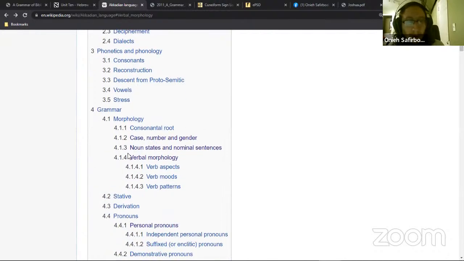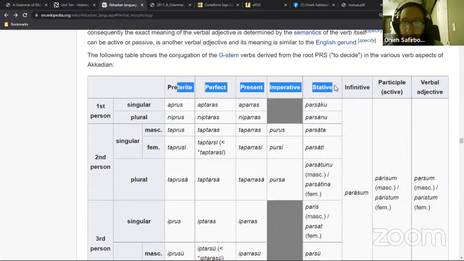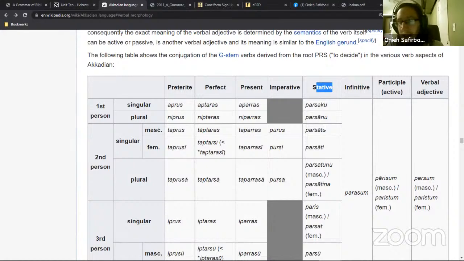All right. So we have these forms right here. Imperative, stative, it corresponds with the perfect form in Biblical Hebrew. And what they call the preterite corresponds with imperfect.